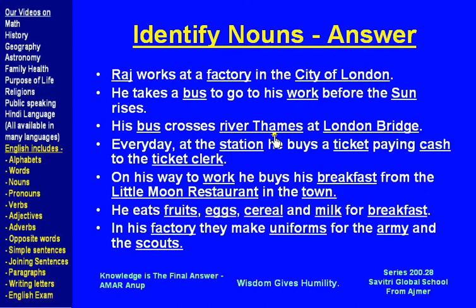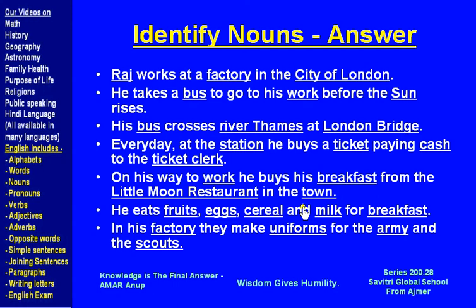Some nouns were abstract nouns like work. Some nouns were plural nouns like fruits, eggs. Some nouns were collective nouns like army, scouts. So there were so many different types of nouns there that you identified.